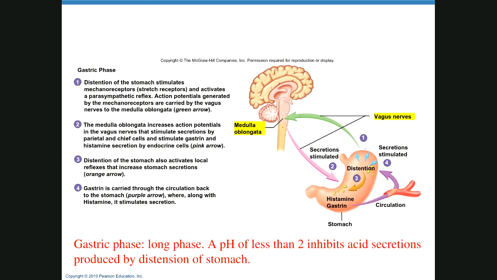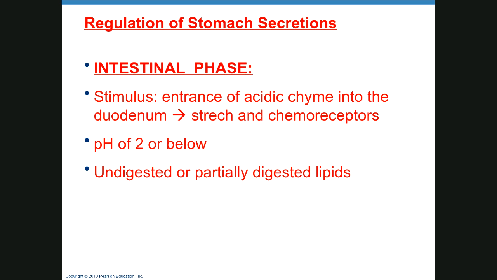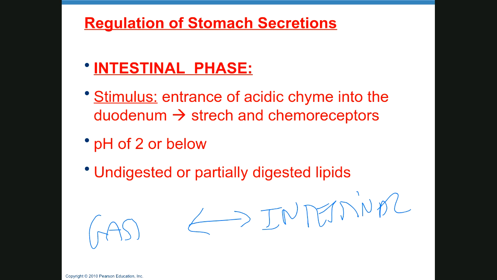And the gastric phase will begin over again, and another small portion of this will be sent to the duodenum, and that will begin the intestinal phase. So we go back and forth between gastric and intestinal phase for hours until the contents of the stomach are completely digested.